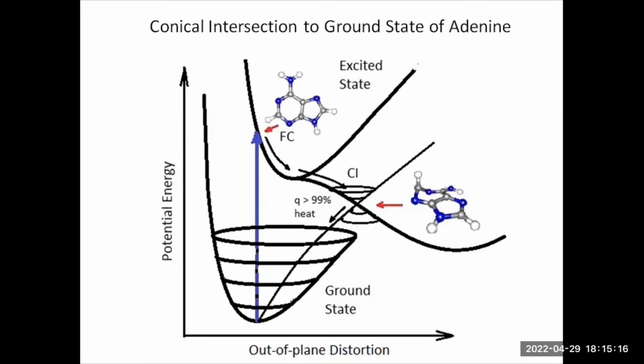So when we excite the molecule by a photon, which is represented by this blue arrow going up here, we go to an excited vibrational state on the first electronic excited state. And it's usually the singlet state.